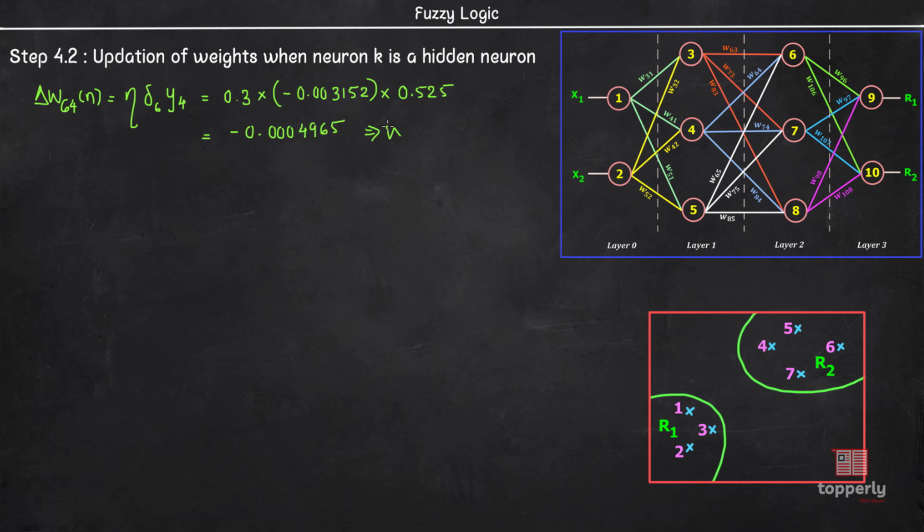Therefore, W64 of n plus 1 is equal to 0.549503.